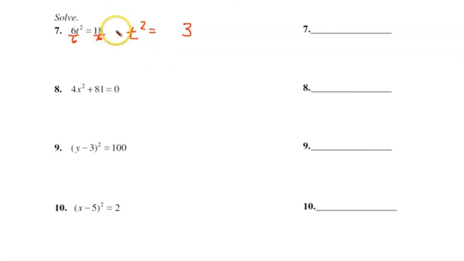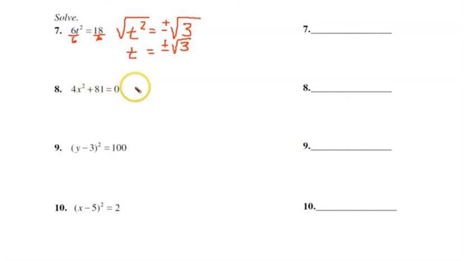And then what we do is we take the square root of this side. That'll give us t. And then in order to get both solutions, we say plus or minus the square root of this side. So t equals plus or minus the square root of 3. This is what we call the principle of square roots.